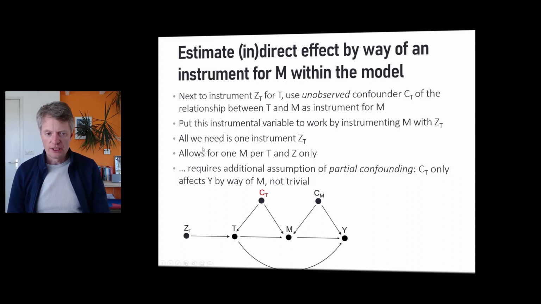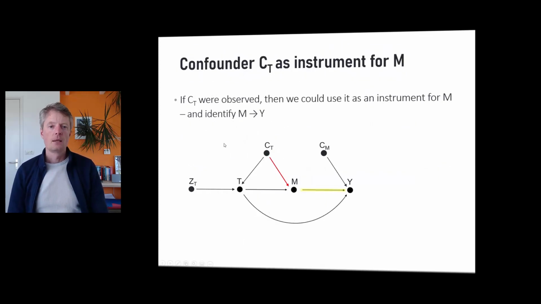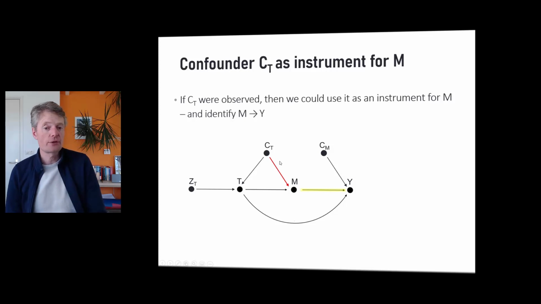Let me explain this in more detail. So, if we would be able to observe a confounder of this relationship, then we could actually directly use it as an instrument. Right? But we don't.